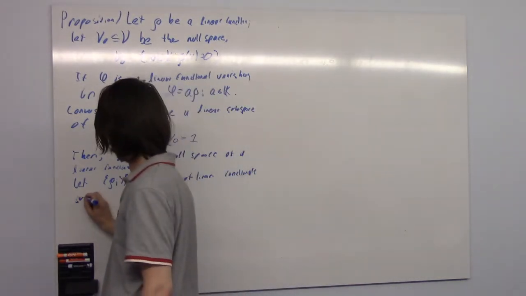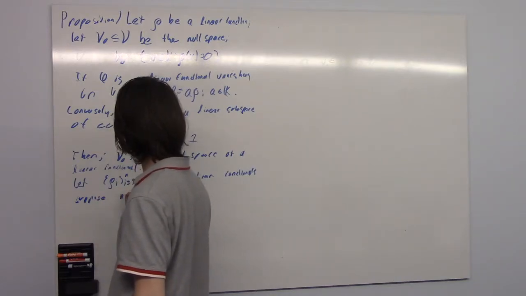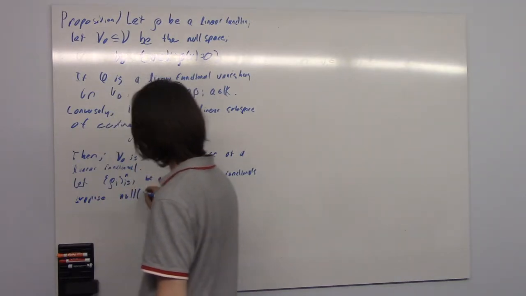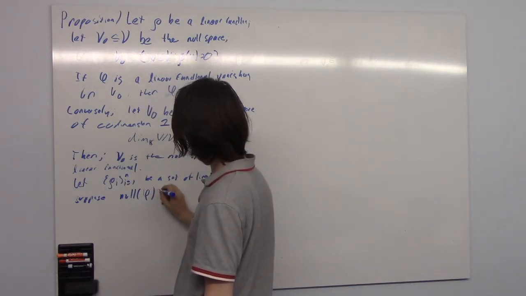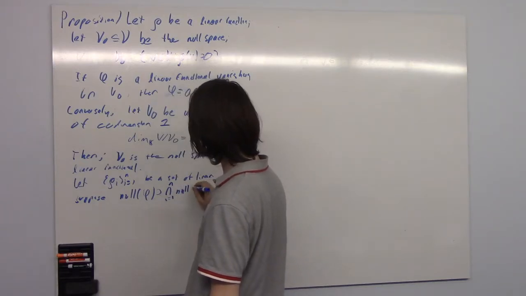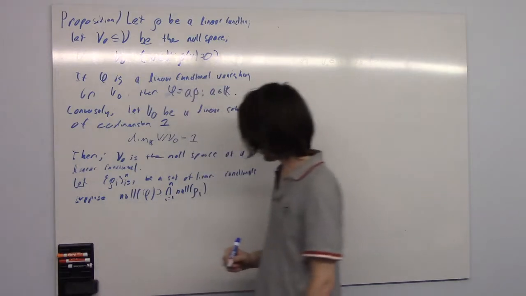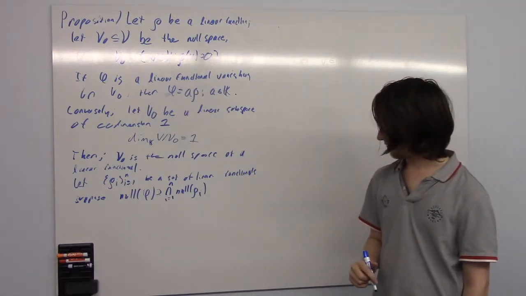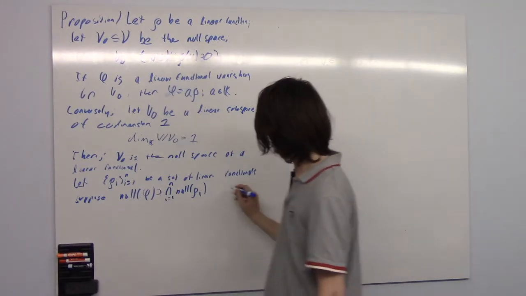And suppose the null space of some linear functional phi contains the intersection, i equal 1 to n, of the null spaces of these rho i. So you have containment on their null spaces.